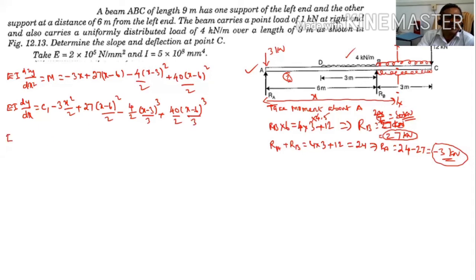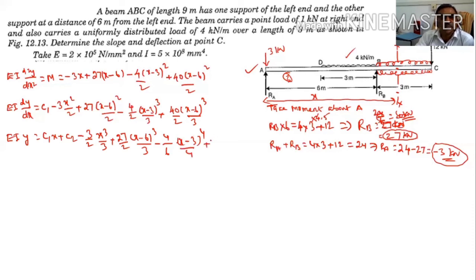Integrate again, you will get EI into y is equal to C1 x plus C2, another constant, minus 3 by 2 x cube by 3 plus 27 by 2 x minus 6 the whole cube by 3 minus 4 by 6 x minus 3 the whole power 4 plus 40 by 6 x minus 6 the whole power 4, right?